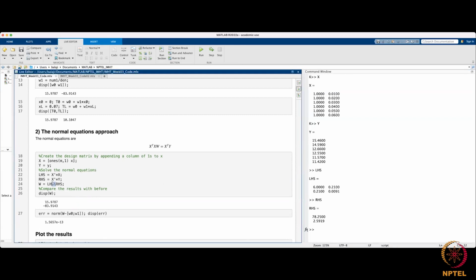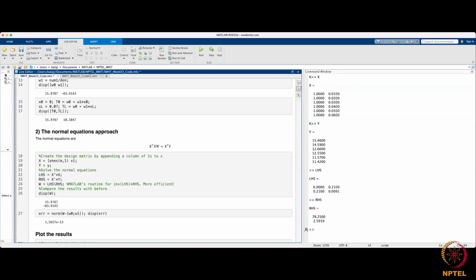Now this thing here, LHS backslash RHS, is the MATLAB way of writing inverse of LHS multiplied by RHS. But this is more efficient.